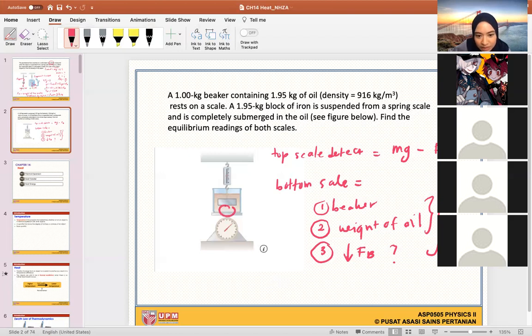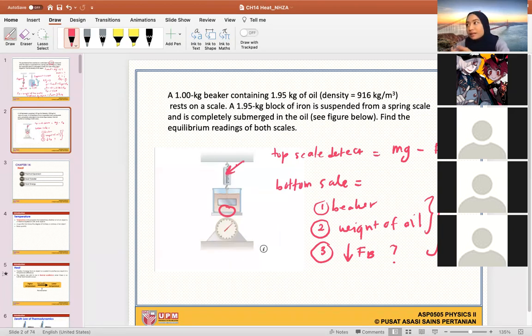Kalau saya letak ball saya betul-betul atas scale tu, yes, dia detect mg. Tapi sekarang ni benda ni tergantung tau. Maksudnya dia tak boleh detect mg. Dia hanya akan detect the extra push by FB sahaja. Mg tu dia tak boleh detect pun sebab dia tak bersentuh. Benda ni pegang mg. So dia tak rasa mg tu sebenarnya.